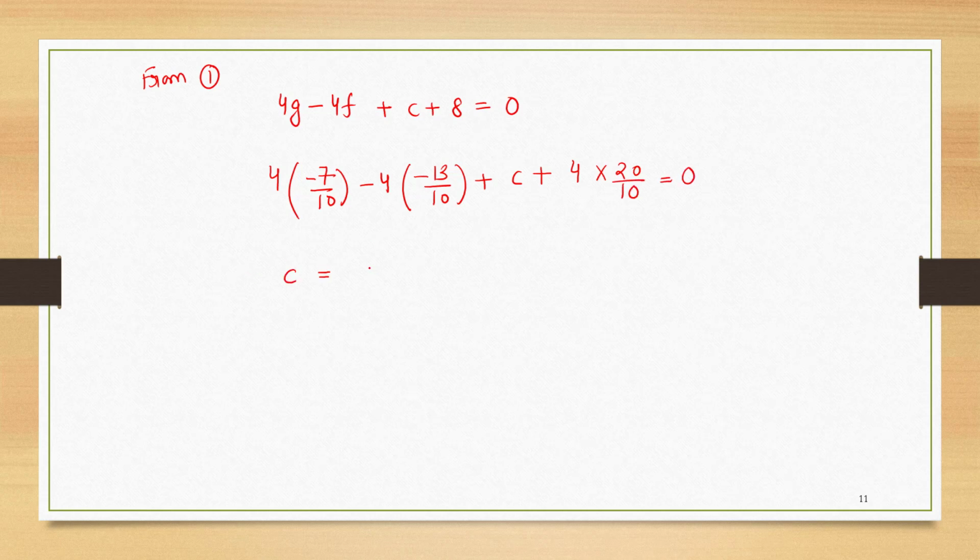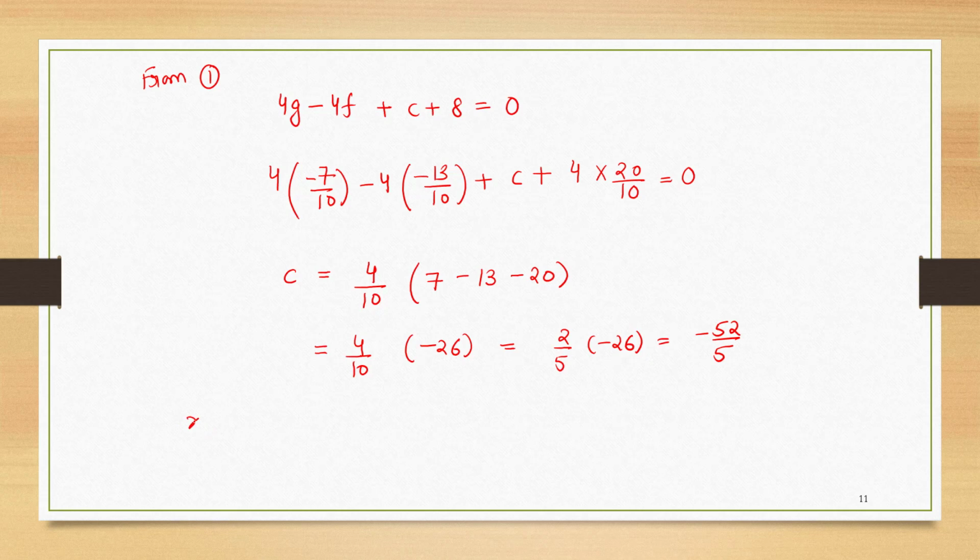Now c is equal to 4 by 10 common. This 7, when it goes there, will become positive. 13 will become negative. And 20 becomes negative. So this is 4 by 10 into 7 minus 13, that is minus 6, minus 20, minus 26. So we get 2 by 5 into minus 26, or minus 52 by 5.